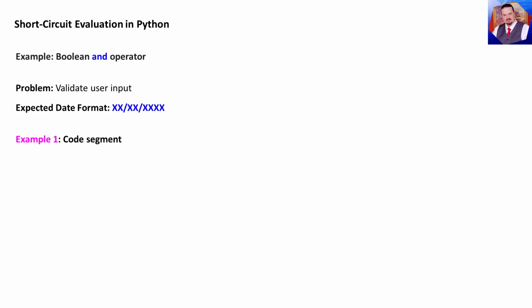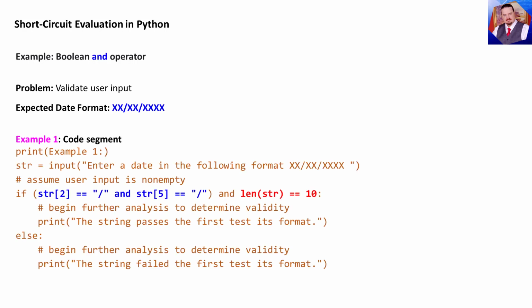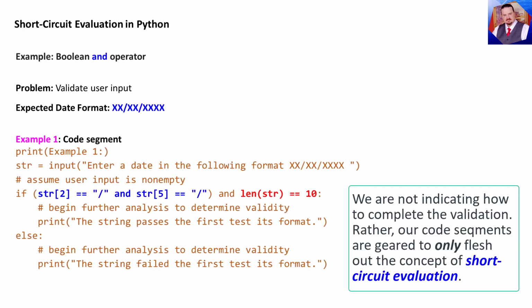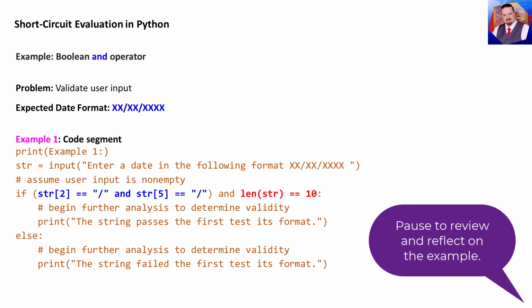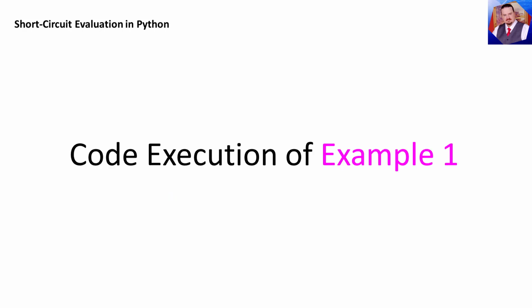So here's an example of how that can be coded, which would begin the validation of the user input. We're only looking at the outermost level for this example to illustrate how short-circuit evaluation can be achieved. So here we have a coding example. Please pause, review the code, and then I will run the code, and we'll see how this code segment performs.